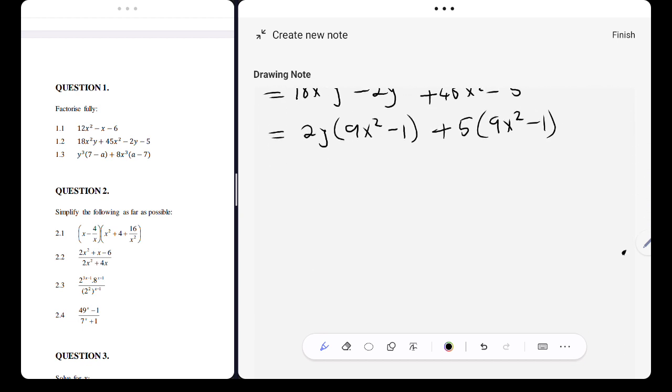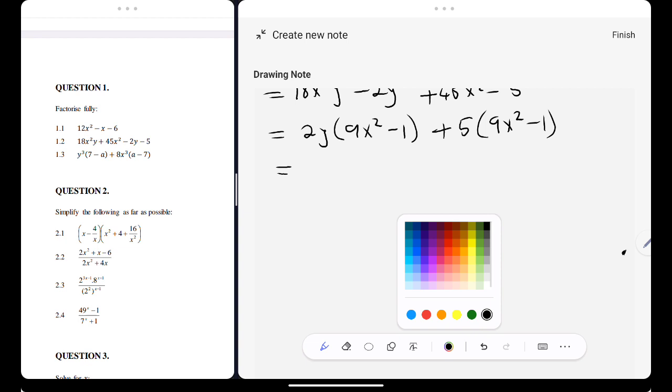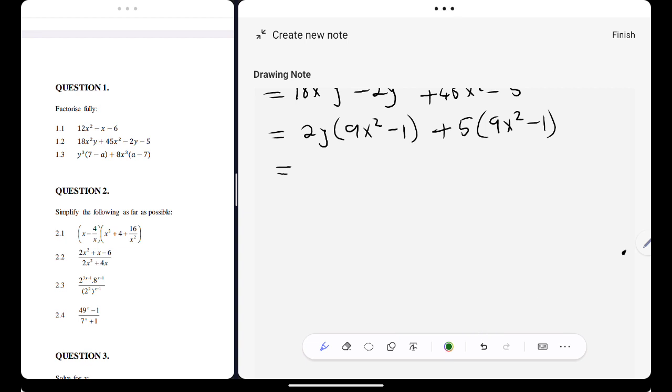We do have a common factor as well. The 9x squared minus 1 is common, so we'll take it out. Let me use a different color. I'll take out 9x squared minus 1 because it's common. And then when I do so, I'll be left with 2y plus 5 altogether.